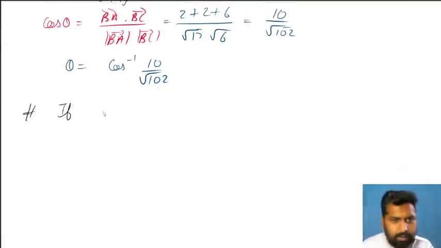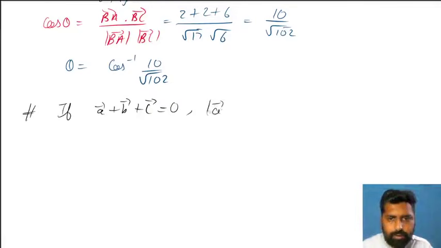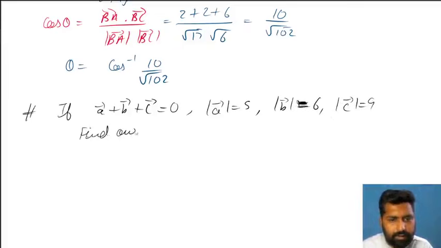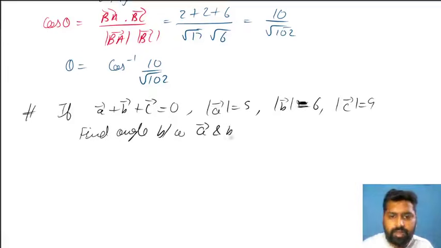If again a vector plus b vector plus c vector is 0, and this time magnitude of a vector is 5, magnitude of b vector is 6, and magnitude of c vector is 9, find the angle between a vector and b vector.